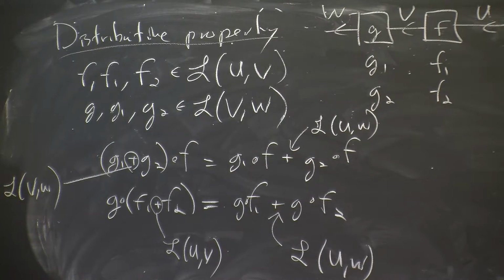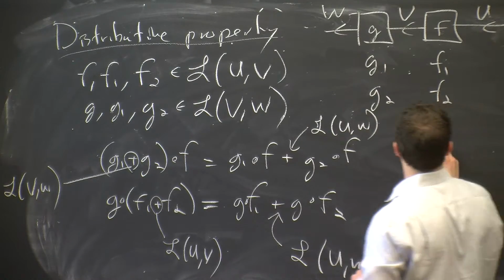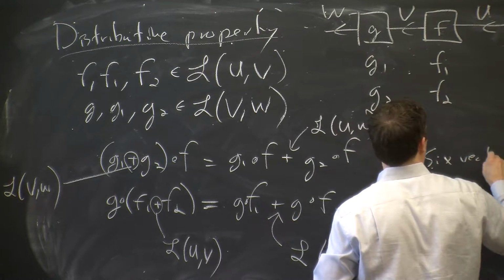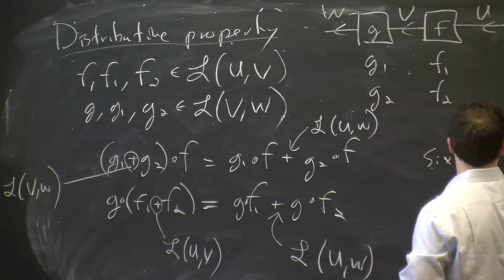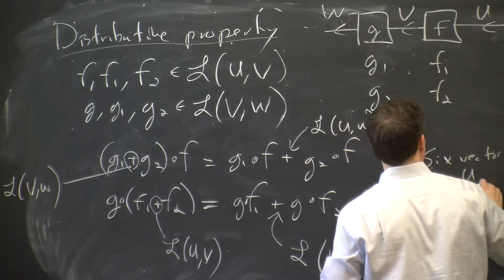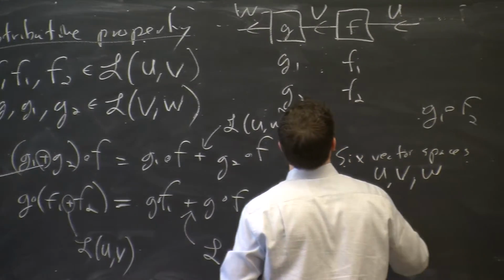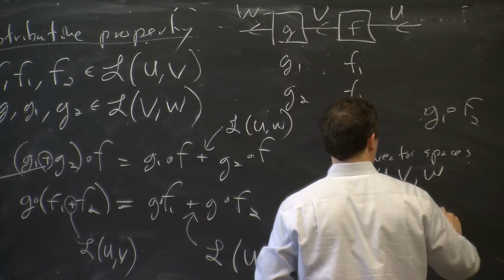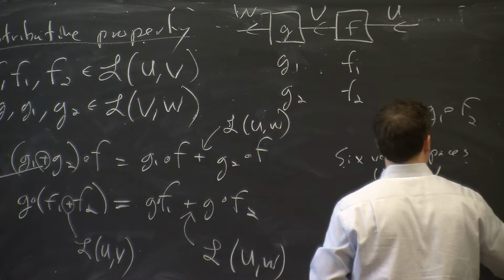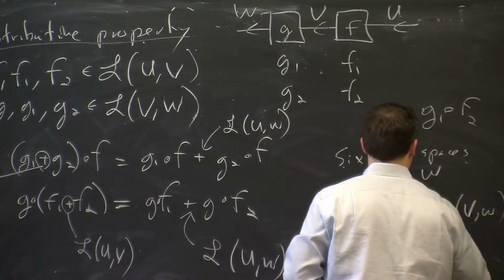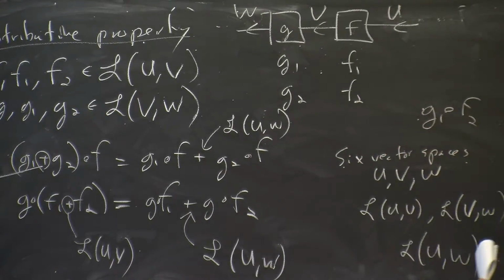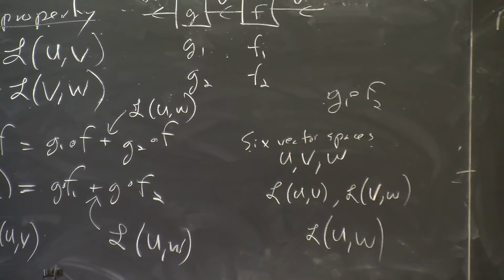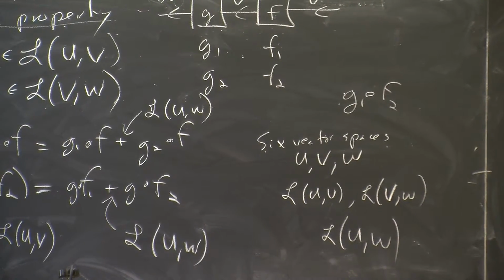So there's a total of 6 vector spaces showing up in this property. Getting crazy, right? Everything's a vector space.